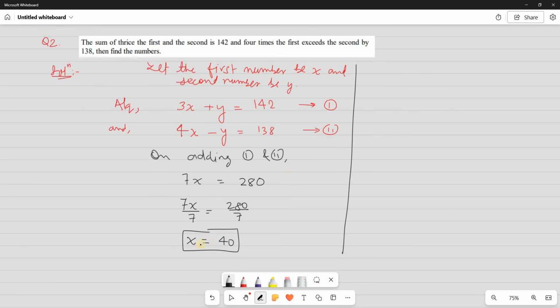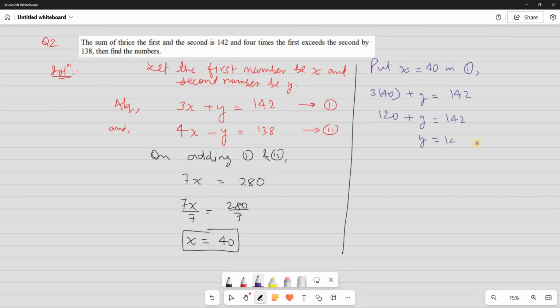That means one of the numbers is 40. So what's the other number? To get it, we put the x value in any one of the equations. Let's substitute x equals 40 in equation 1. We have 3 times 40 plus y equals 142. 3 times 40 is 120, plus y equals 142.